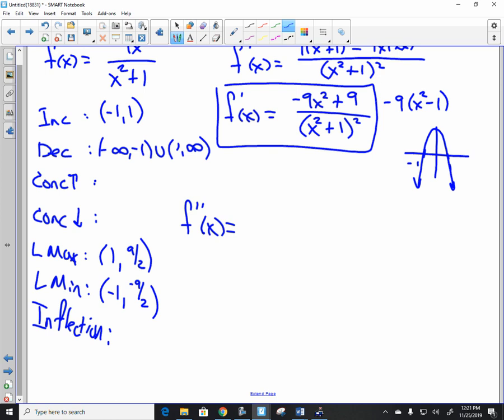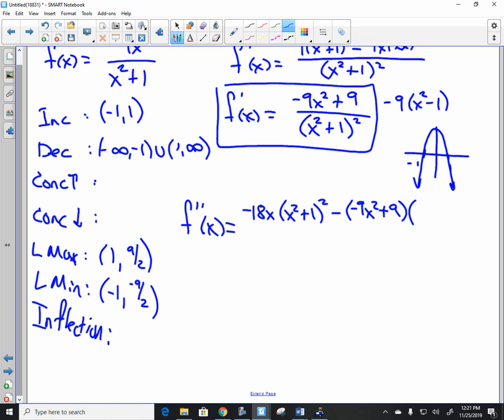Derivative of the top, negative 18x, times the bottom, x squared plus 1 squared, minus the top, negative 9x squared plus 9, times what?